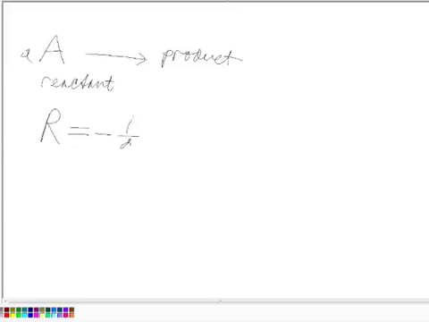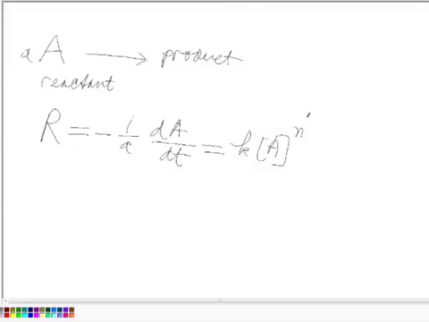So if A is the reactant becoming a product, as we already learned 5 minutes ago, the rate is equal to this, and in the integrated rate law it is equal to k[A] to the power of the order of the reaction.